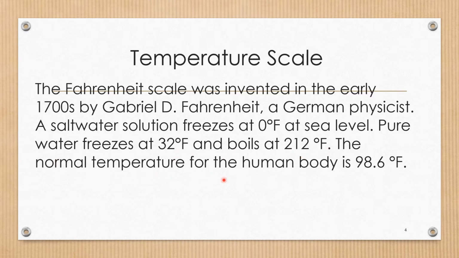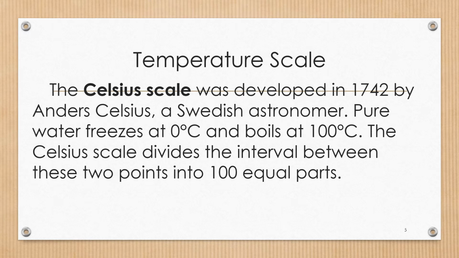The normal temperature for the human body is 98.6 degrees Fahrenheit. Another is the Celsius scale, which was developed in 1742 by Anders Celsius, a Swedish astronomer. Pure water freezes at 0 degrees Celsius and boils at 100 degrees Celsius. The Celsius scale divides the interval between the two points into 100 equal parts.